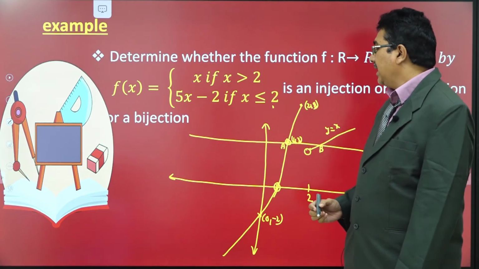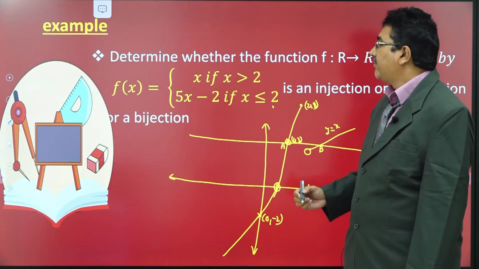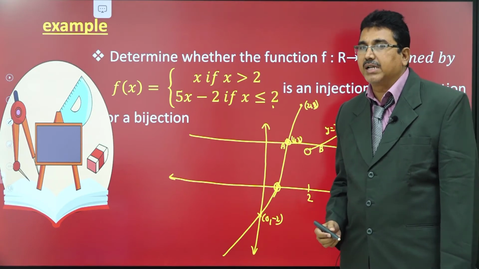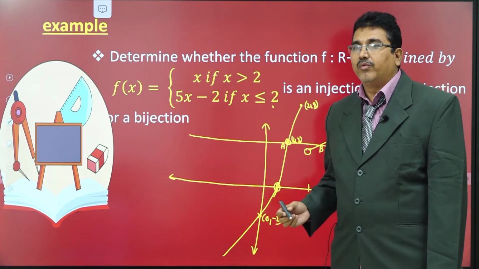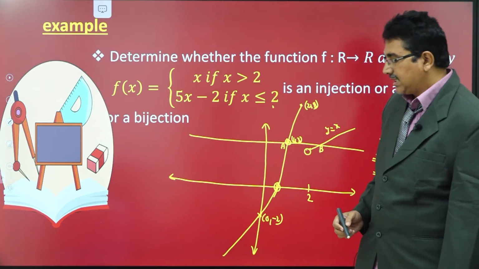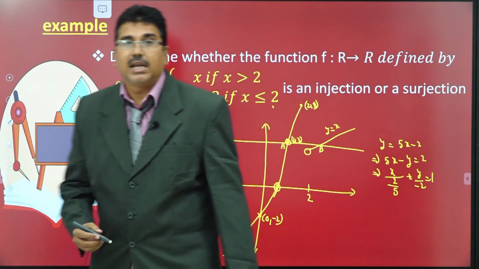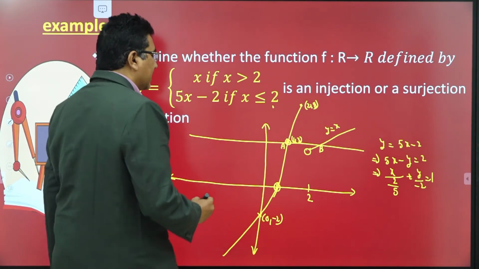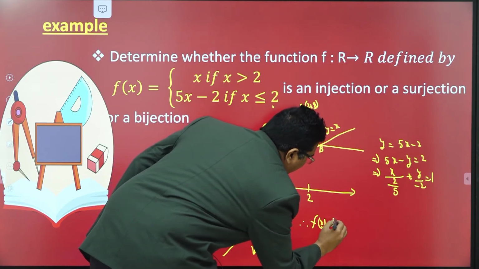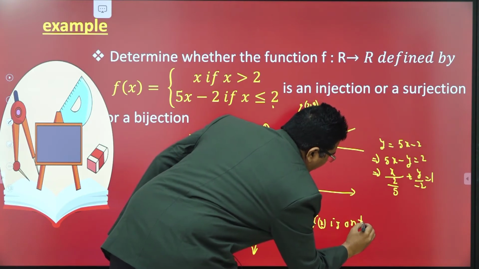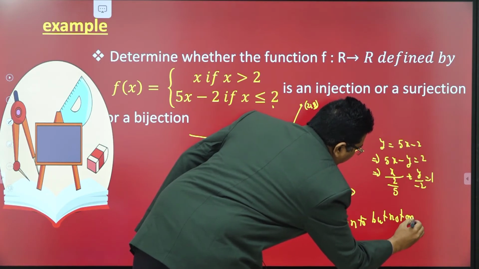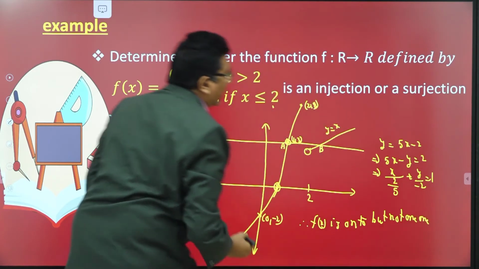Any horizontal line parallel to the x-axis drawn from the points in the codomain intersects the graph of the function at at least 1 point, so it is an onto function. Therefore, f of x is onto but not 1-1.